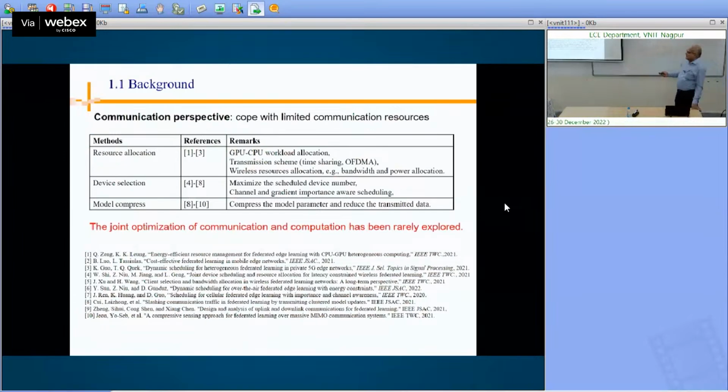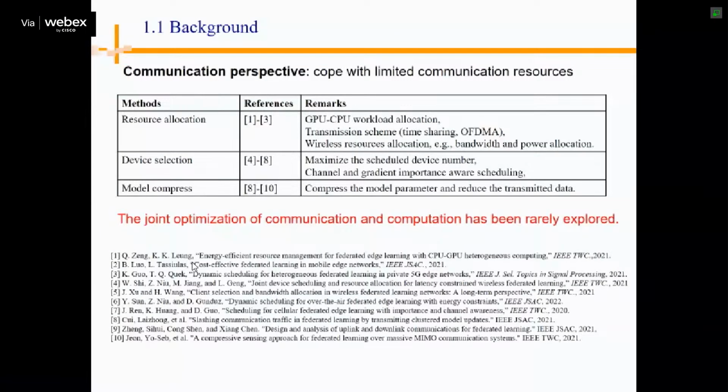These are the recent works from last year and this year, most of them in 2021 and 22. Because this is a new topic, most of the communication works are on resource allocation, device selection and compression.